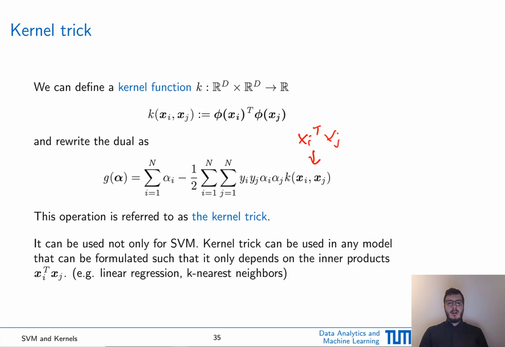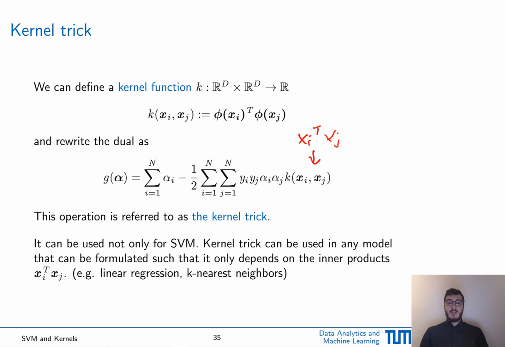This very simple idea of using the kernel function directly instead of using the basis functions phi is called the kernel trick. One thing to keep track of is that the kernel function takes in two inputs and outputs a scalar, but the basis function takes in a vector and outputs another vector. So just keep in mind what the input and output of these different functions are.